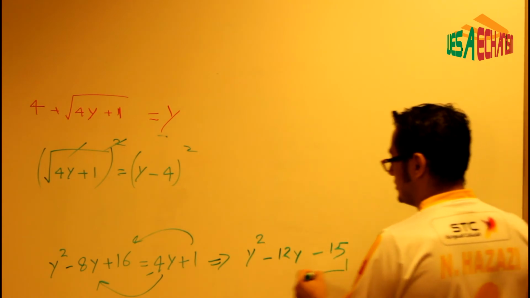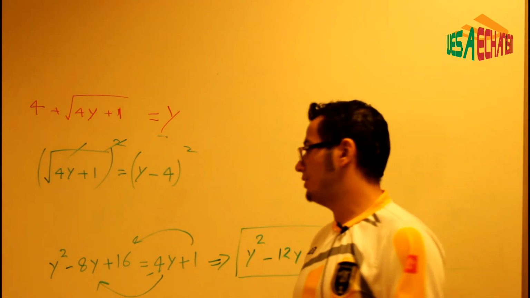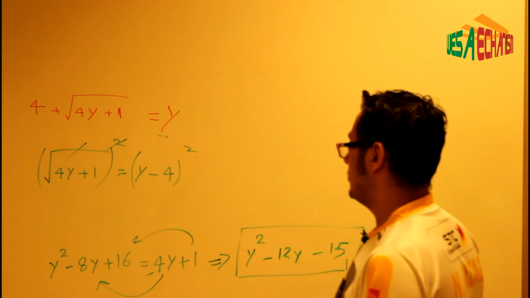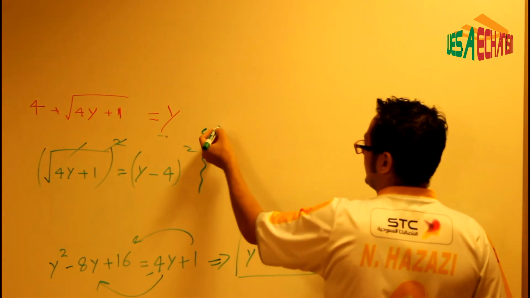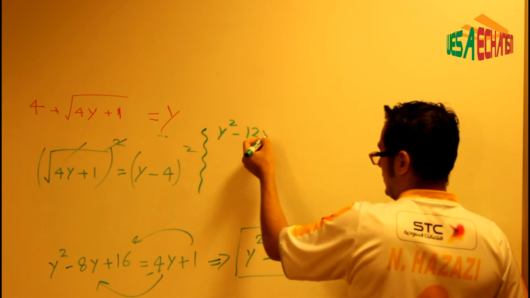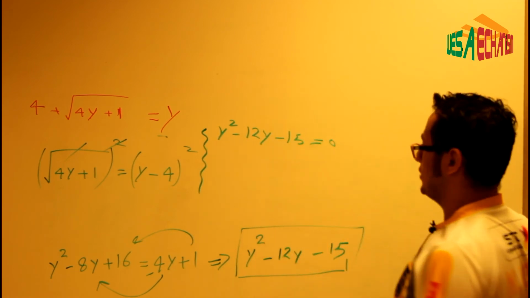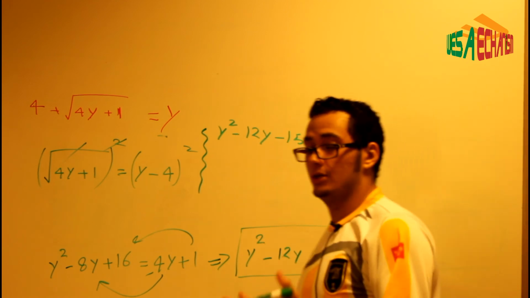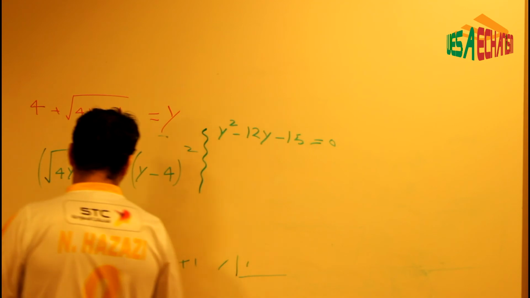So this is our answer, but we still didn't come up with what we are looking for. We are going to write it again. We have y squared minus 12y minus 15 equals 0. We need to find what y equals. This is what the question asks for.